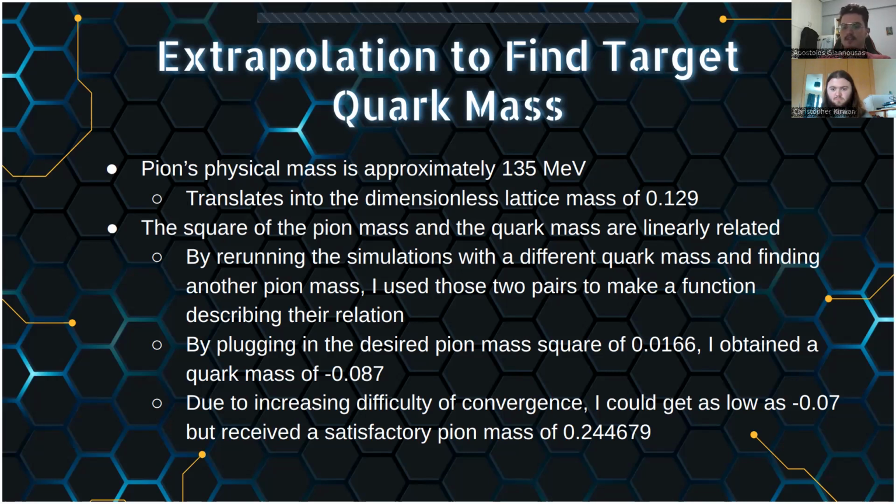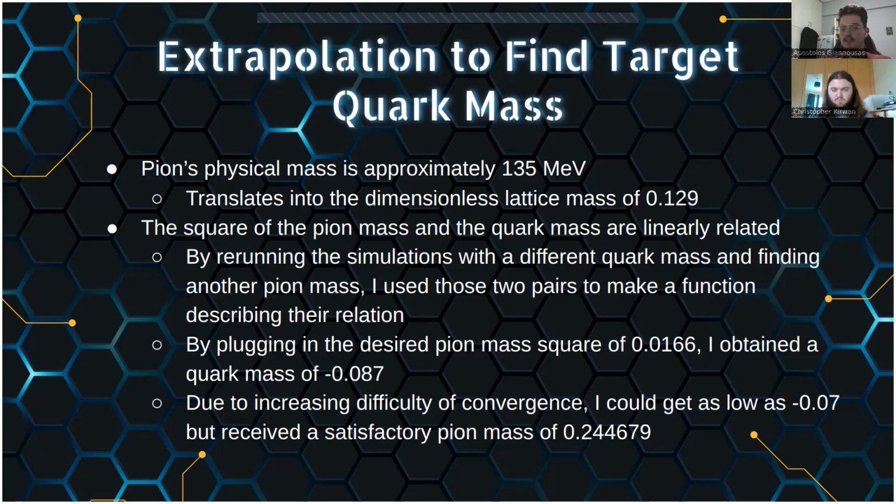Specifically, I reran the same simulations with another quark mass, found the resulting pion mass, and used those two pairs to calculate the function describing the aforementioned linear relation. Finally, I plugged in the desired pion mass square of 0.0166 and obtained a quark mass of minus 0.087.